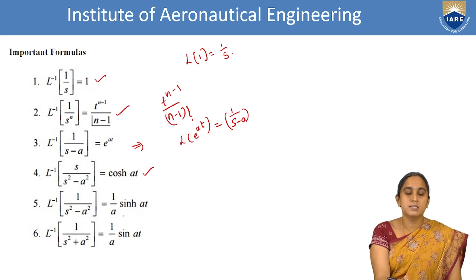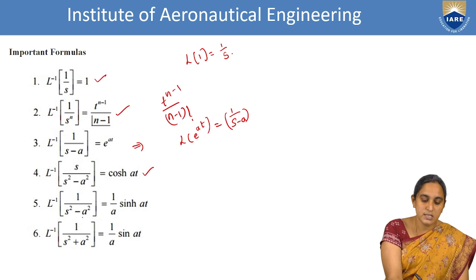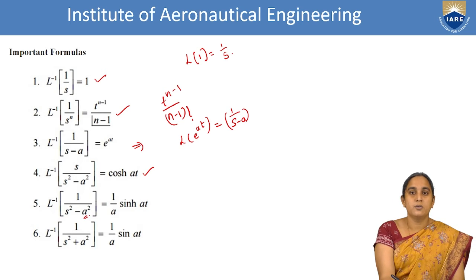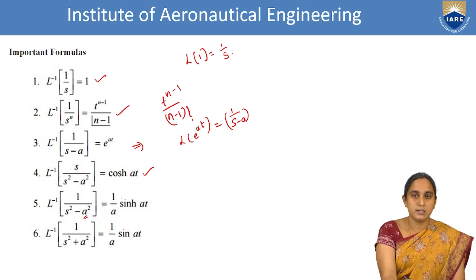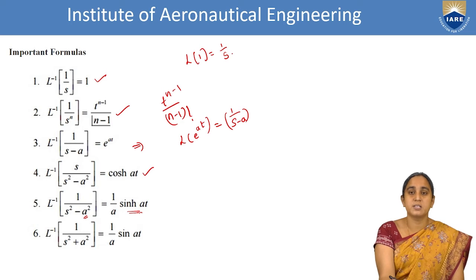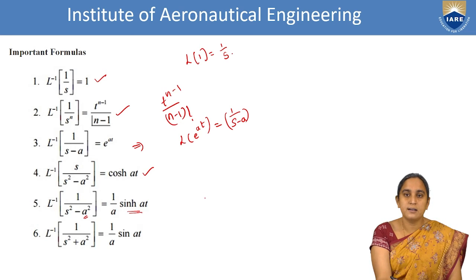That formula is 1 by a into sin h at. Just memorize it: 1 by a into, since the denominator is negative, s square minus a square, we take the function as sin h at.